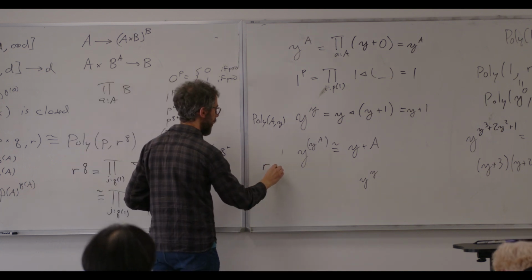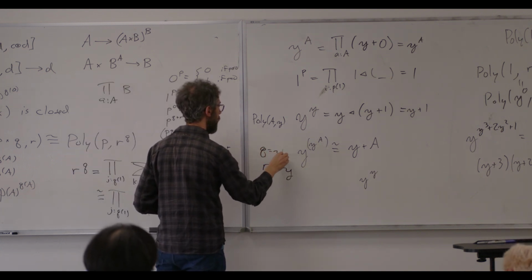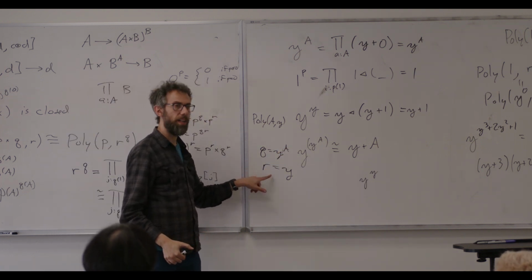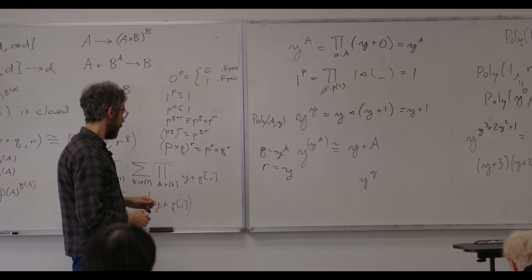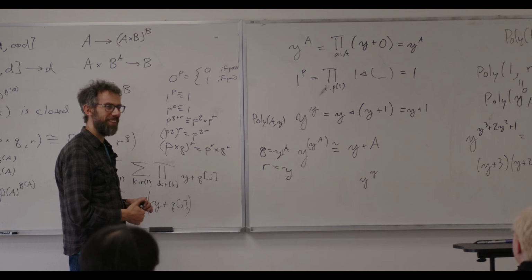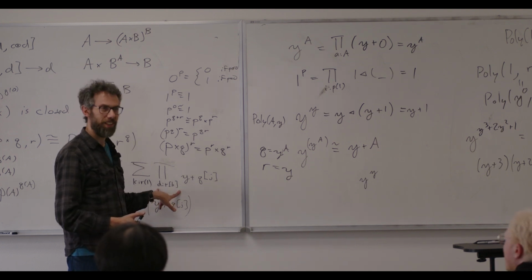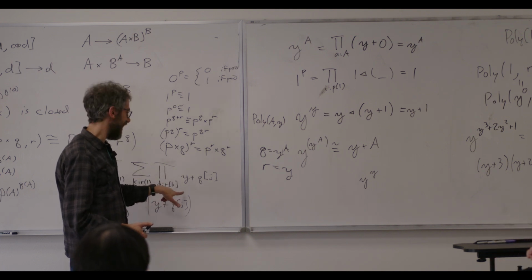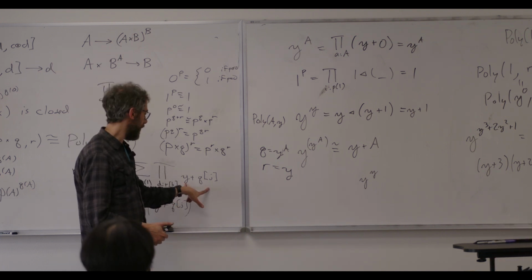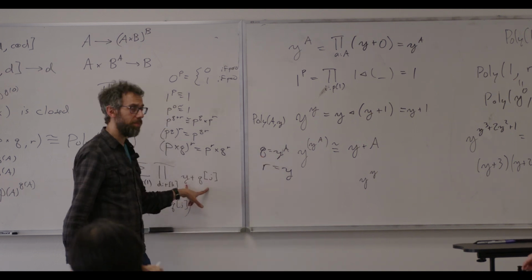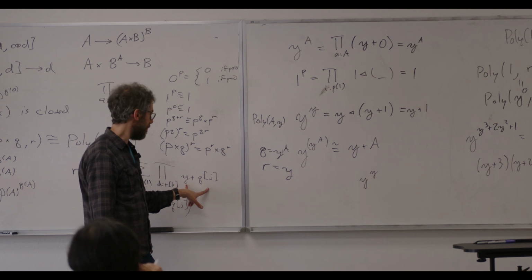No. R is y, and Q is y to the A. Okay, what are the directions of R at its unique position? It's just this one. You just almost said it, you just stopped yourself. One. Yep, there's one direction. So we don't care about this. Now we're here. So it's y plus, okay, what are the directions of Q at its unique position? A. Yep, so it's y plus A.